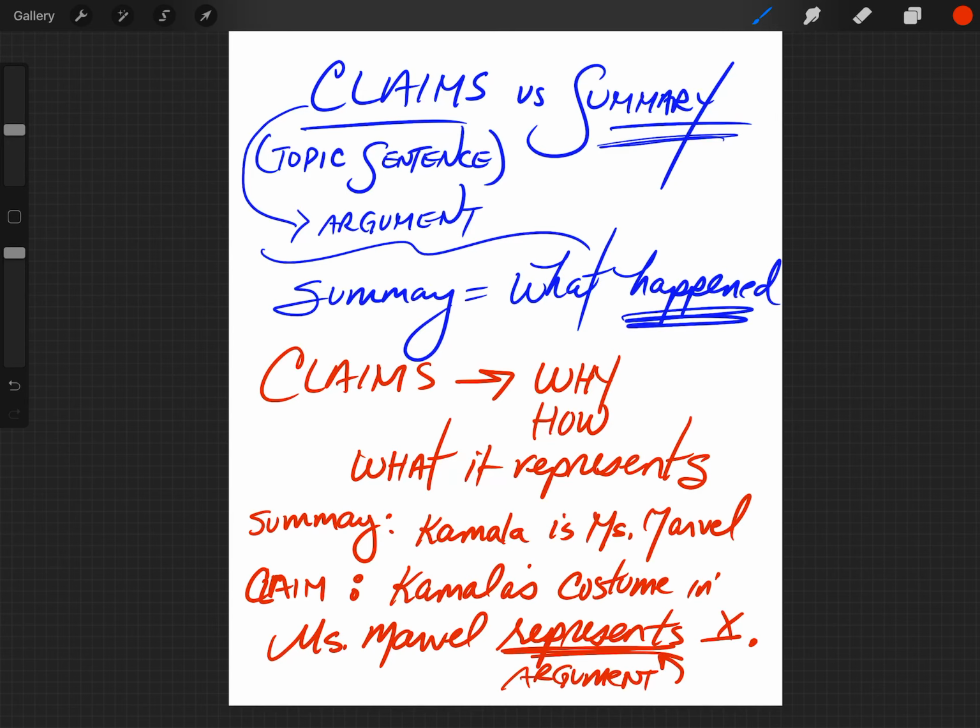This creates an argument. So someone else might say, no, it doesn't represent X, it represents Y. Her outfit, the eventual outfit, one person might say it represents her culture. Another person might say, well, it represents the American Muslim superhero. Someone else might say it represents conservatism. Who knows? But the fact of the matter is that this is now an argument.